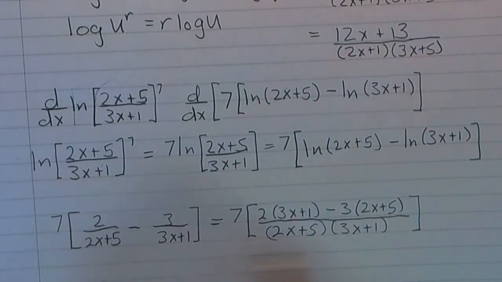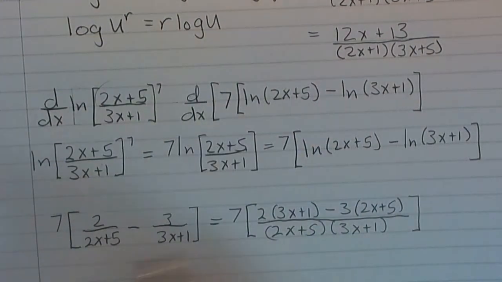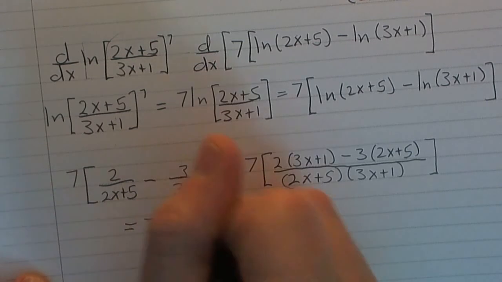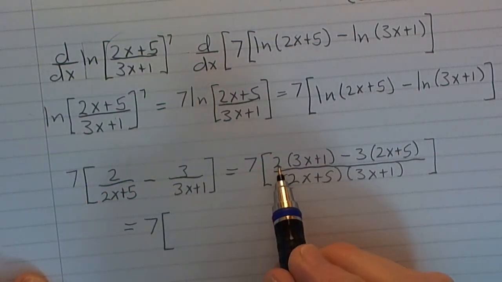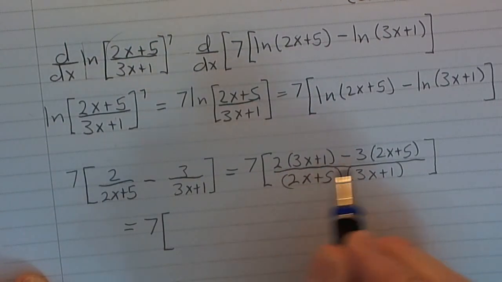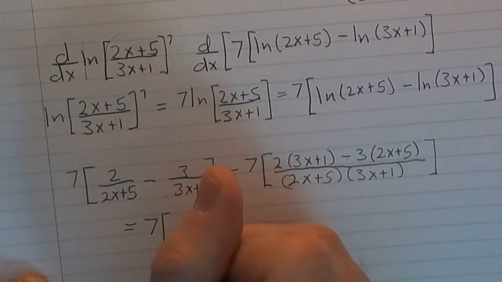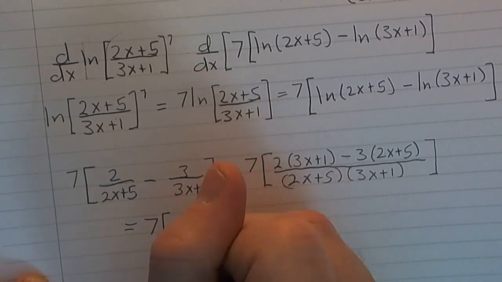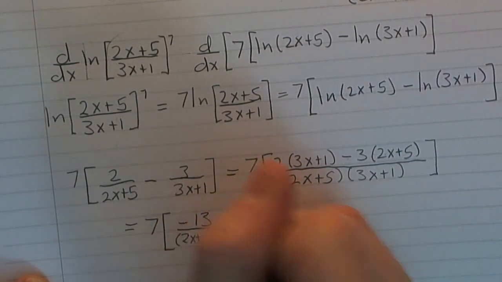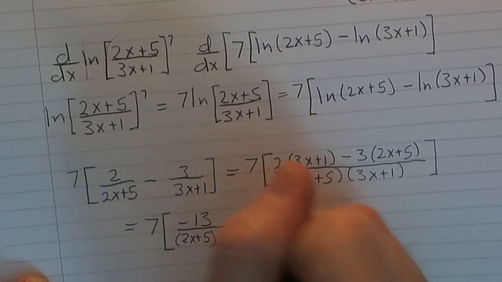Maybe you wouldn't want to do this, but just to show you how we could simplify it a little more, now I've got 7 out front, and on the inside I've got 6x minus 6x, 2 minus 15, which is negative 13, over this bottom.